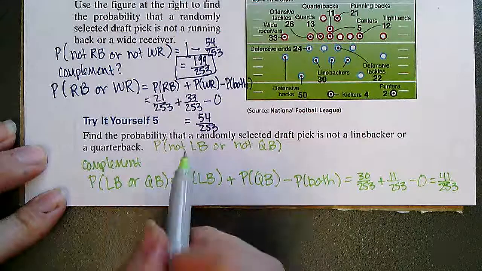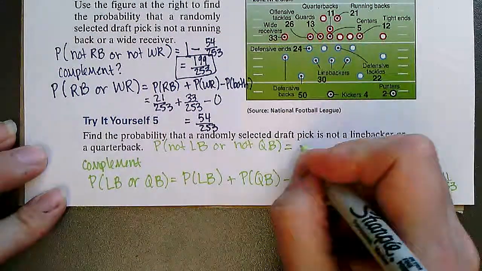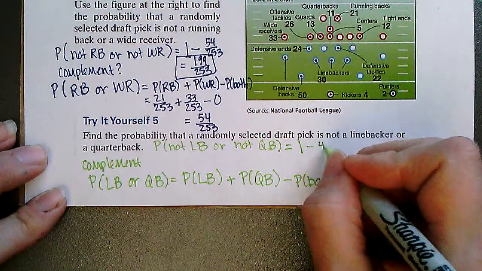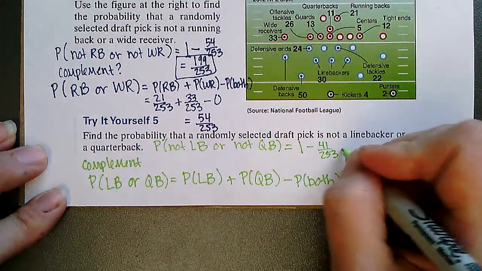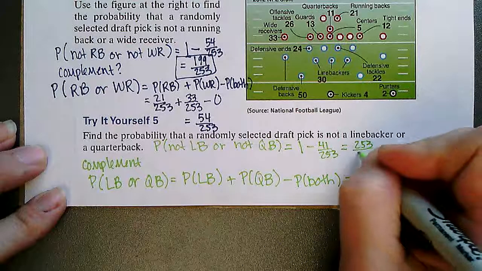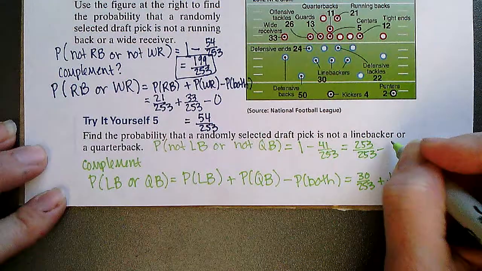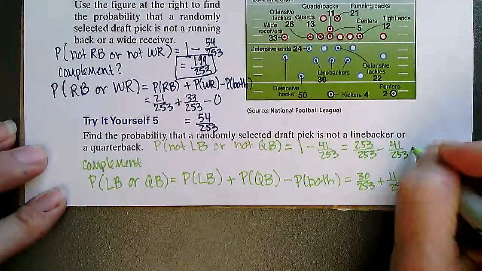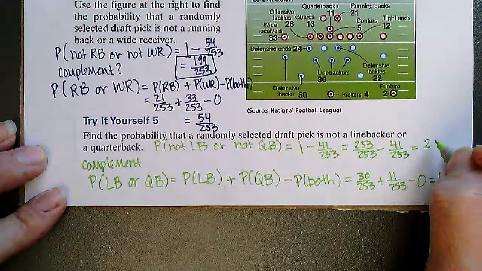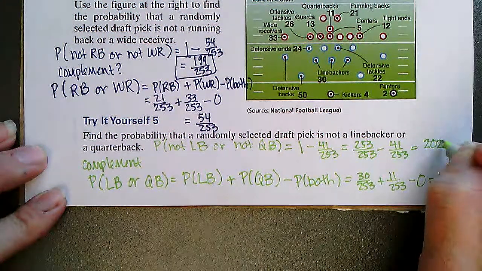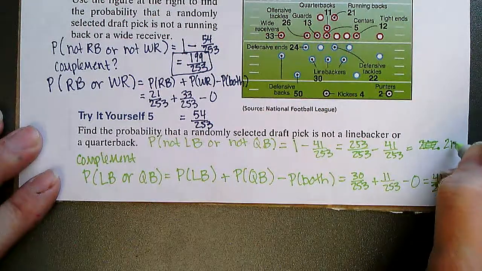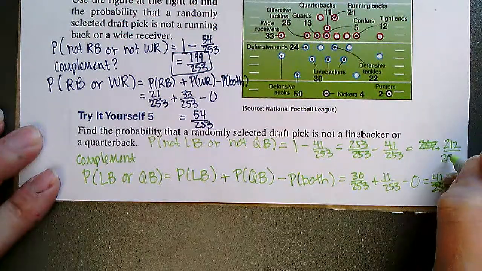Then the probability that it's not one of those two would be 1 minus 41 out of 253. Getting a common denominator means we're doing 253 over 253 minus 41 over 253. So that probability would be 12. I can't subtract. It's okay. 212 out of 253.